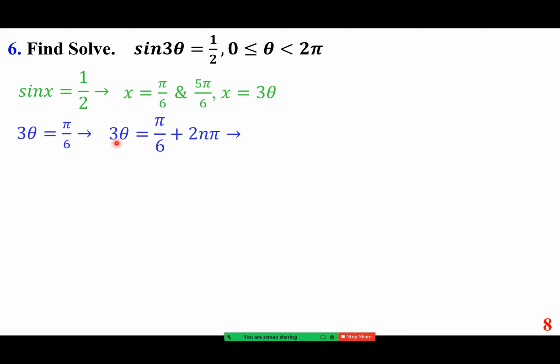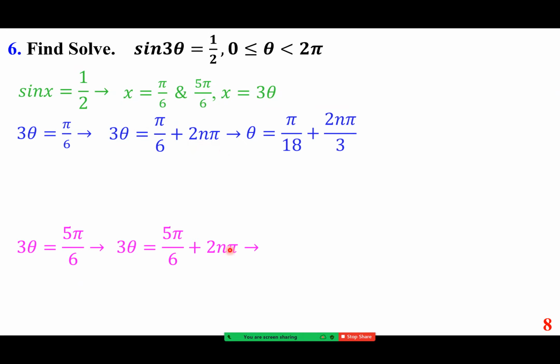And so if I divide both sides by number 3, I get theta. This, when I divide by 3, I get pi over 18. This one, I just put it over 3. Right? Now, 5 pi over 6, I'm going to add again 2n pi. Okay. And I'm going to divide by number 3.